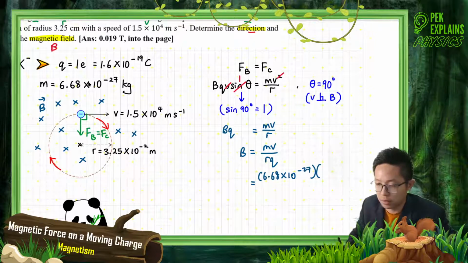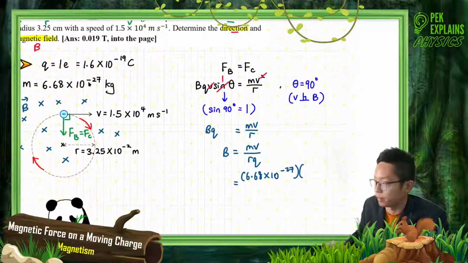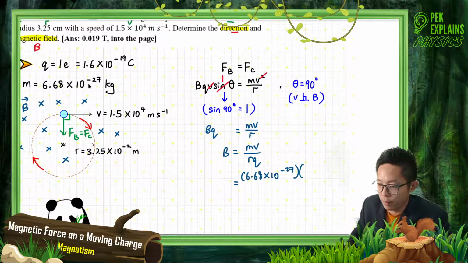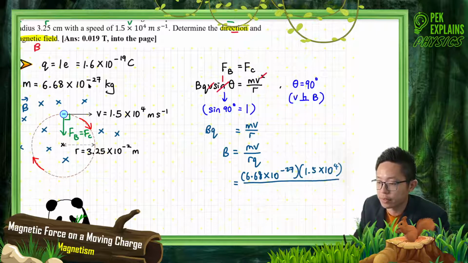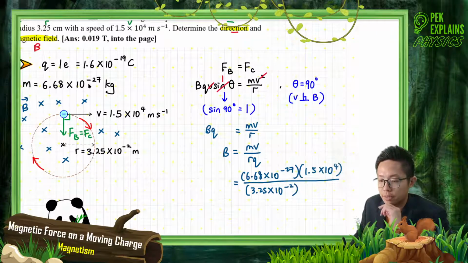My velocity is 1.5 times 10 to the 4, divided by the radius, 3.25 times 10 to the negative 2. I changed it to SI unit already, no longer cm.